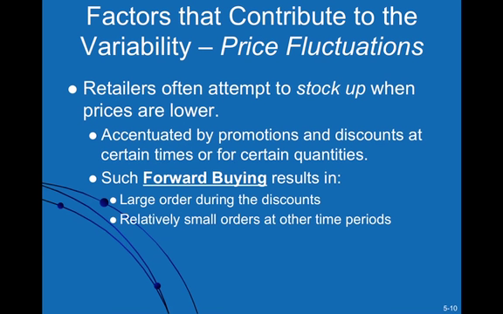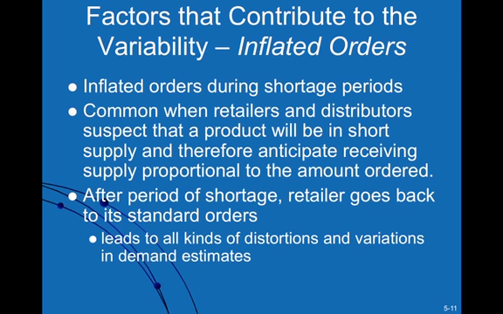So when they do that, if prices are lower, it really affects the consistency of the quantity of orders that someone will place. If the price is now 10% cheaper, you change your order quantity rather than sticking to that fixed order quantity that has been determined earlier. So all of those things, forward buying and so on, getting large orders, small orders, etc., and that's fluctuating over time, really helps to drive uncertainty.